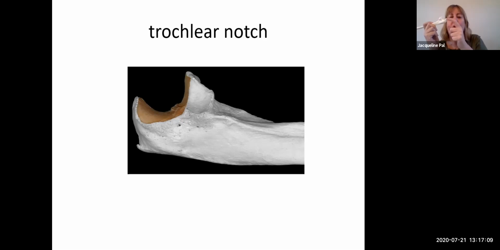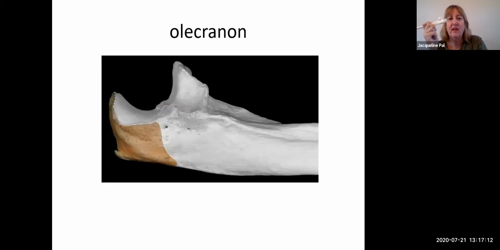So the most proximal part of the ulna is known as the olecranon. And this is a word we had before. If you remember, on the posterior aspect of the humerus, we had an olecranon fossa, and that's because when you are extending, straightening your elbow, the olecranon goes into the olecranon fossa.